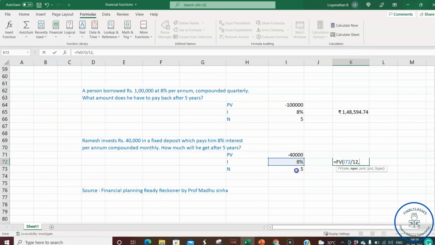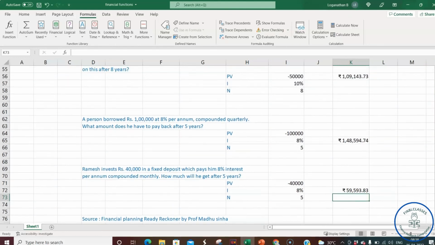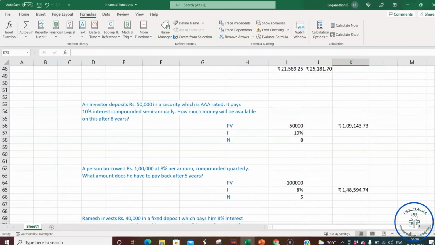Then the number of periods, comma. PMT is 0, comma. Then the present value, which they have given us, is minus 40,000. This is an outflow. Then I press enter. You find that it will give you the value 59,593. So this is the basic working of calculating your future value.